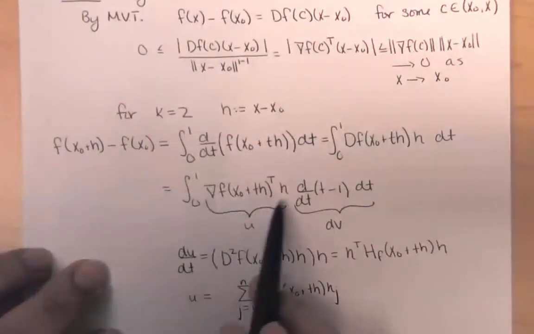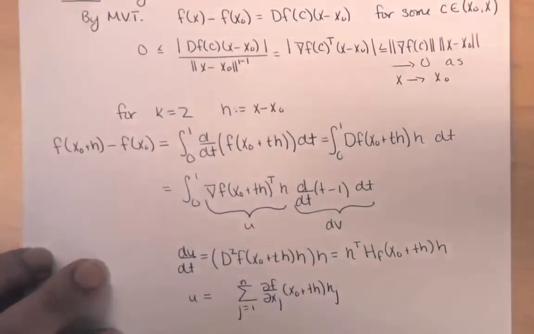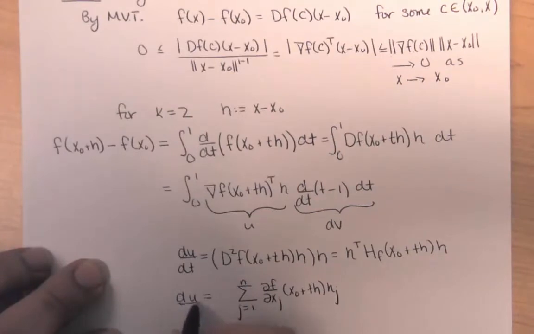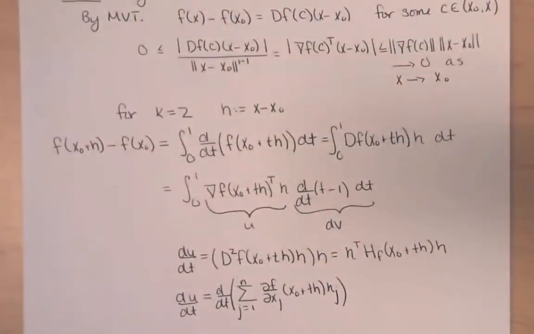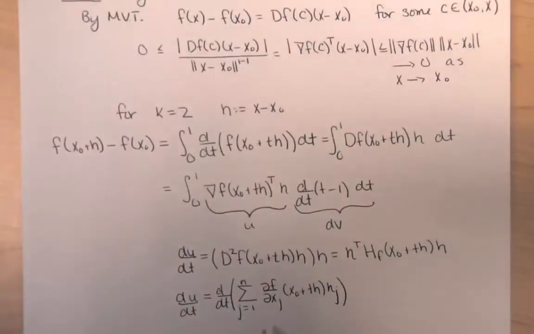That's just from a linear algebra perspective, what that product looks like. And so if I take the derivative of it, I'm taking the derivative of this sum. I'm treating each of these like a real valued function of a vector. Of course, I'm taking the derivative with respect to t, which requires the chain rule. I need to take the derivative of this with respect to the vector times the derivative of the argument with respect to t.